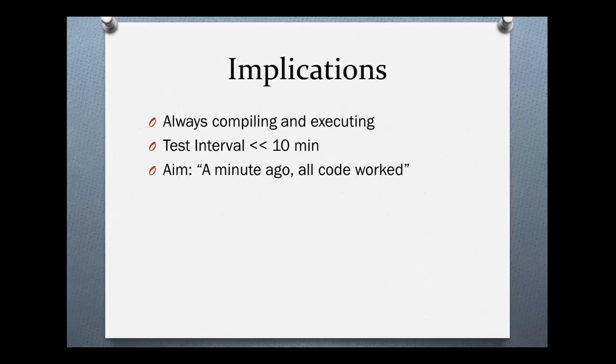And the ideal situation would be basically supposed to walk into a room full of developers, and each one of them will be able to say, "A minute ago, all code worked." So when something that we coded didn't quite work as expected, it will be just a matter of Ctrl Z undoing rather than using the debugger. And we all know how horrendous it can be, the experience of debugging.